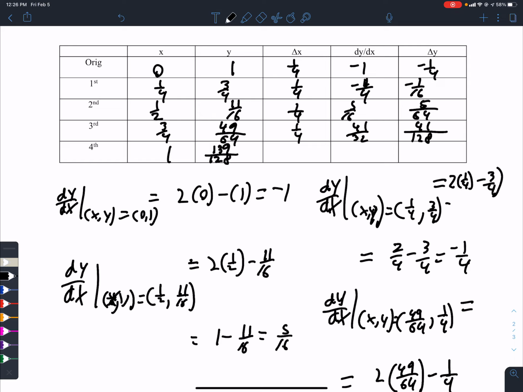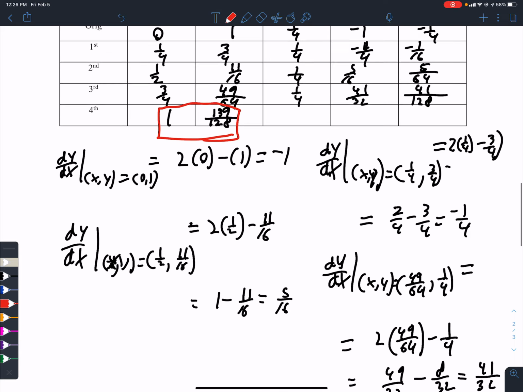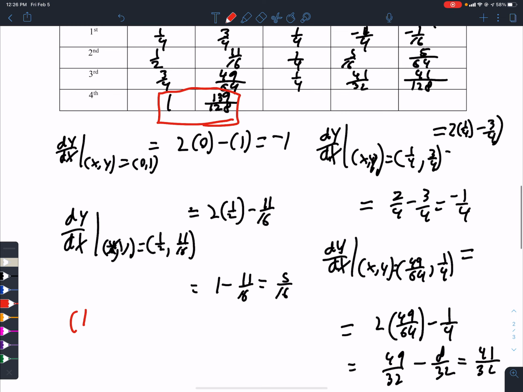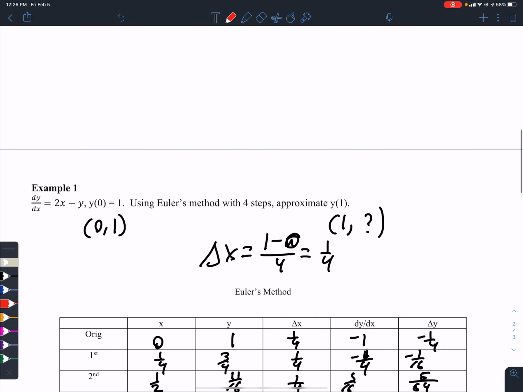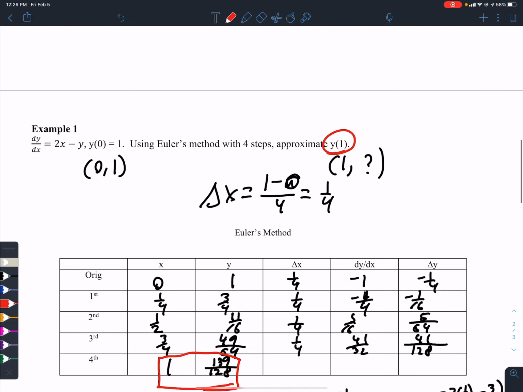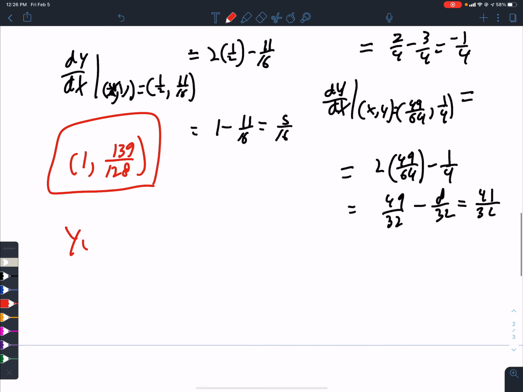So now my final step was here. So my approximation is 1, 139/128. And so, approximate y of 1. Y at 1 is approximately 139/128.